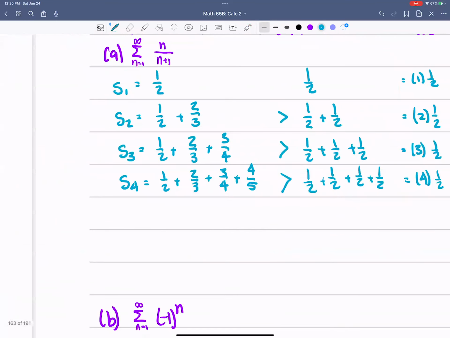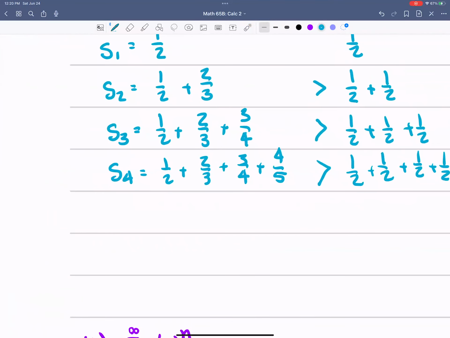So what I'm assuming is that S sub k, some random value k, whatever that sum is, it's going to be somewhat larger than k times 1 over 2. So k copies of 1 over 2, because all of these are going to be larger than 1 over 2. Let's take the limit of that to see what we get.